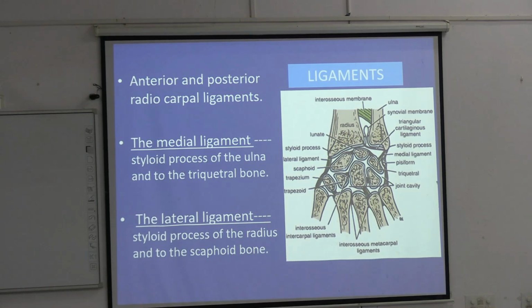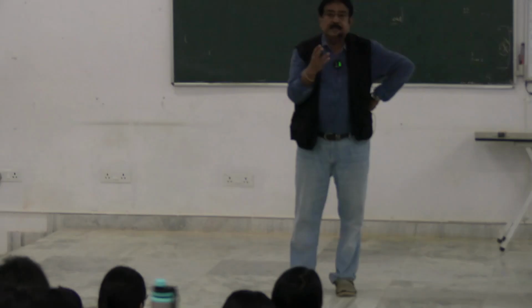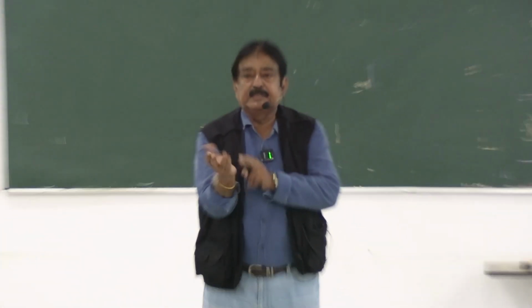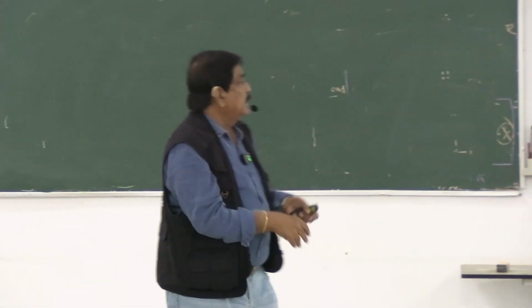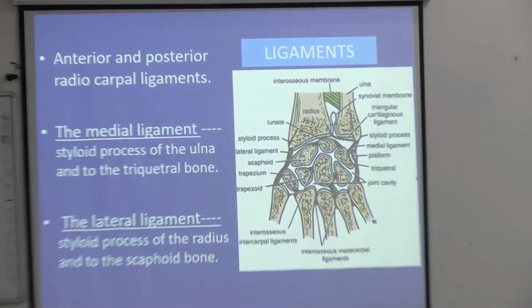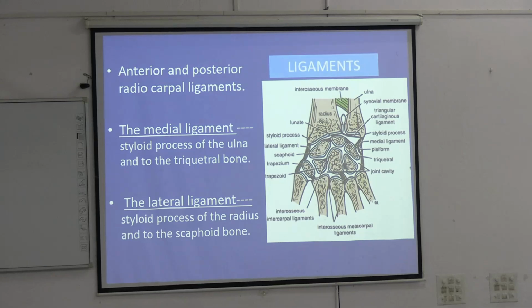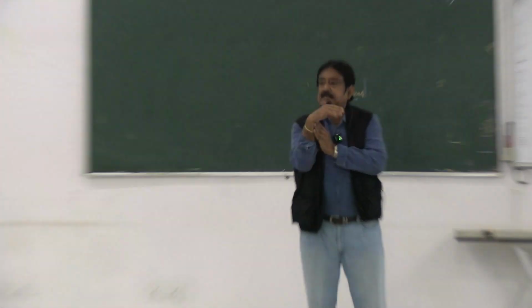Now that has to be attached and kept in this form. What I want to stress is that you just have a concept. If there is a lateral ligament, there is a medial ligament, and the anterior and posterior radiocarpal ligament. The anterior and posterior give support.